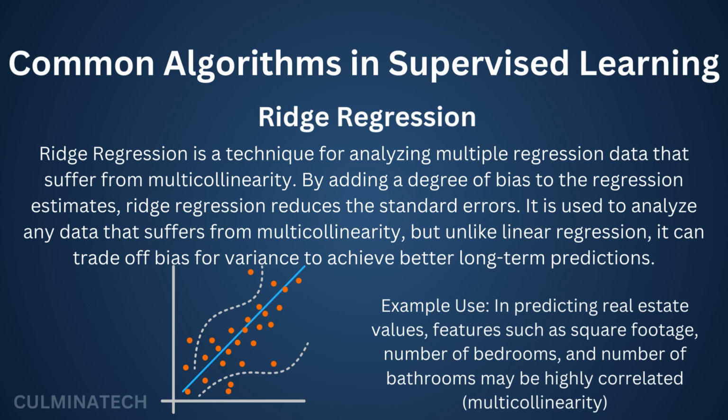Features such as square footage, number of bedrooms, and number of bathrooms may be highly correlated. That is multicollinearity. You can guess that as the size of a house increases, the number of bathrooms also increases. So they have collinearity. So that is ridge regression.